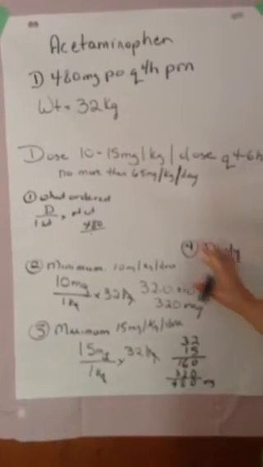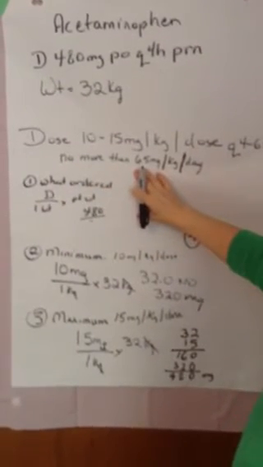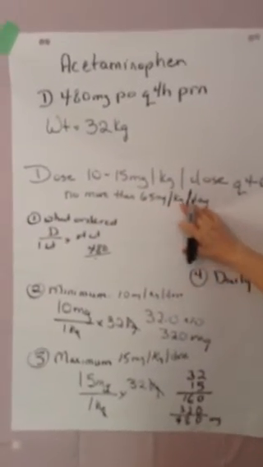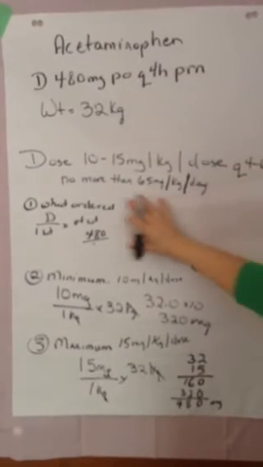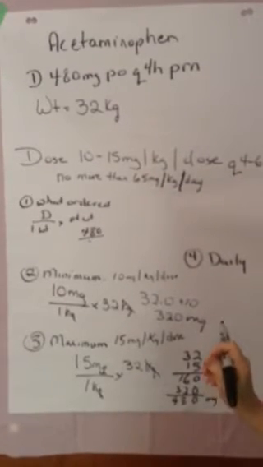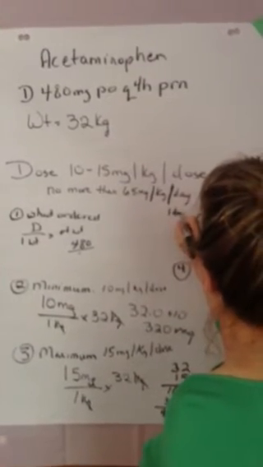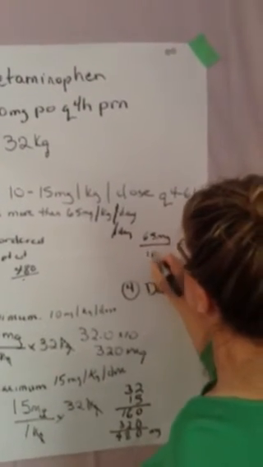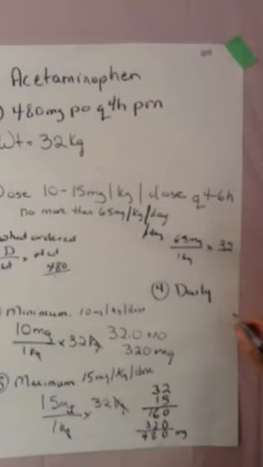Now, when we looked at this information, we also read that there should be no more than 65 milligrams per kilo per day, right? So per day, I'm just going to move this up here, we can give 65 milligrams per 1 kilo times the patient's weight, 32. So we've got to multiply 65 times 32.